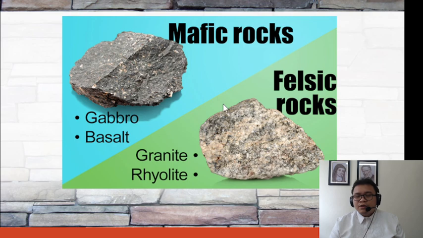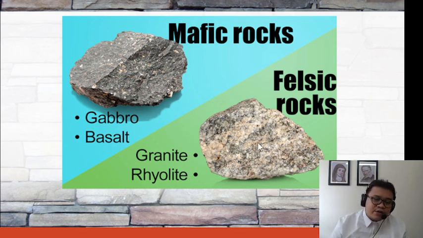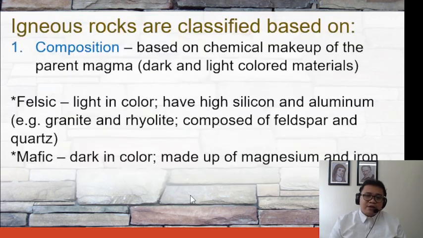Now, here there is a very distinct way of identifying according to composition. Usually the mafic rocks are light colored, while the felsic rocks, oh sorry, did I, yeah, the mafic rocks are usually light colored, and the felsic rocks are usually dark colored. As you can see there, an example, we have gabbro and basalt for mafic, and felsic rocks, granite and rhyolite, as I described a while ago.